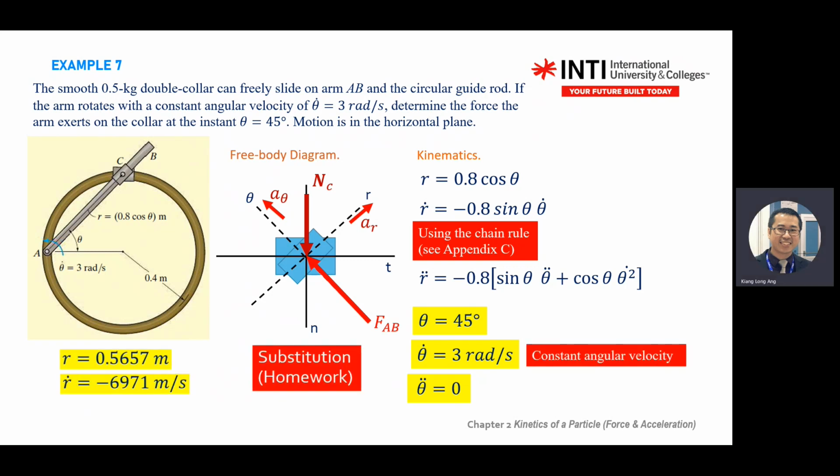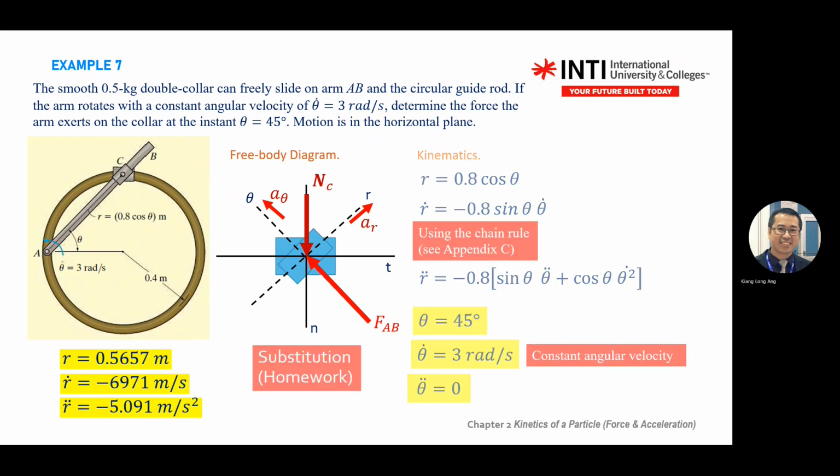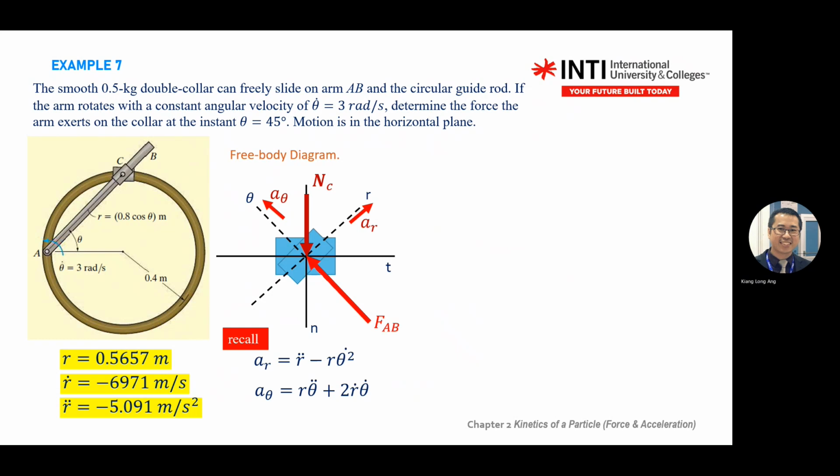Then you substitute the angle to get your r, substitute your theta dot, you get r dot and r double dot. Then you substitute. There is an equation for acceleration in r and theta, the one I asked you to memorize when we came to polar coordinates: a_r equals r double dot minus r theta dot squared, and a_theta equals r theta double dot plus 2 r dot theta dot.